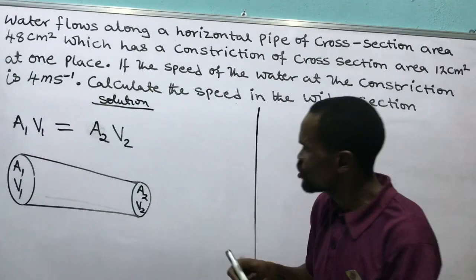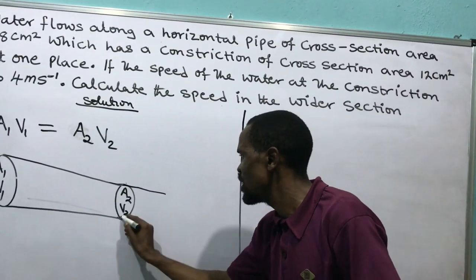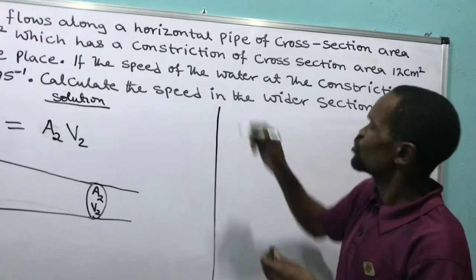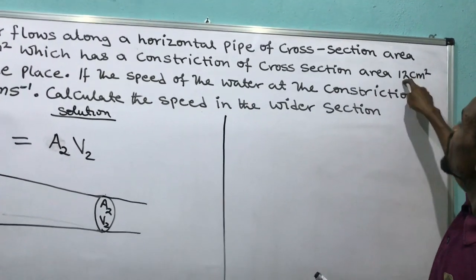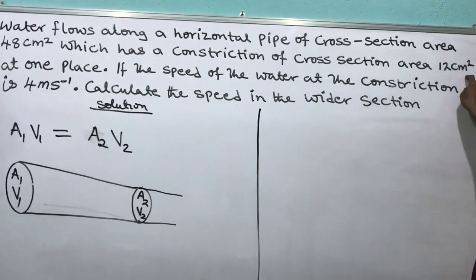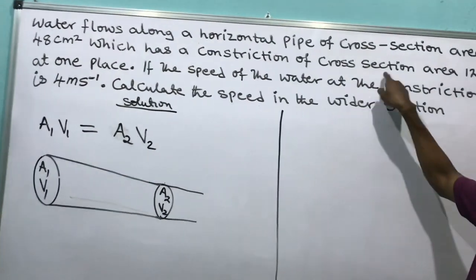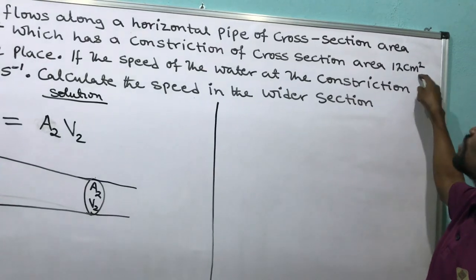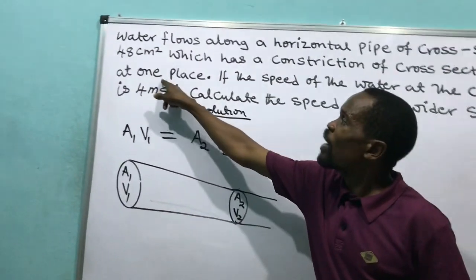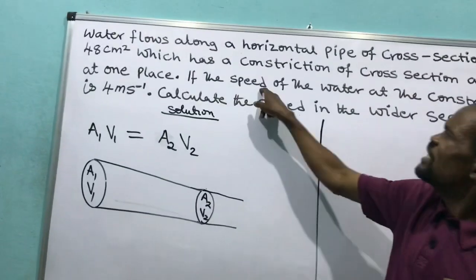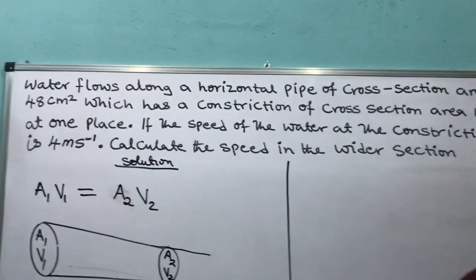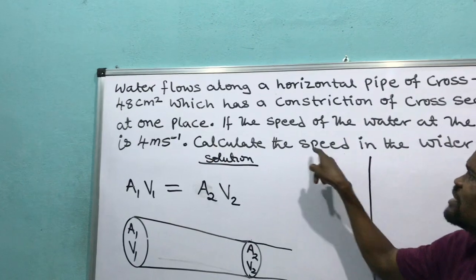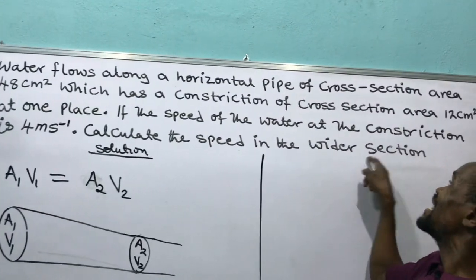Look at the constriction here, of cross-sectional area 12 cm squared at one place. If the speed of the water at the constriction is 4 m/s, calculate the speed in the wide section.